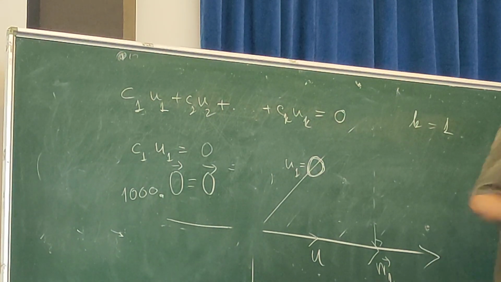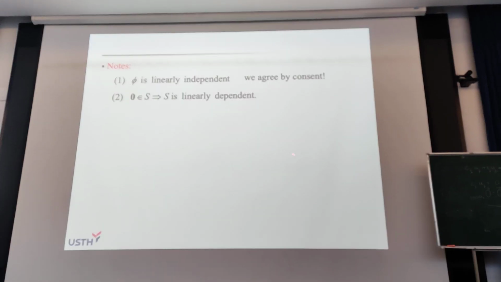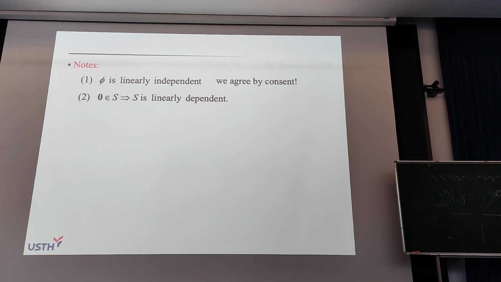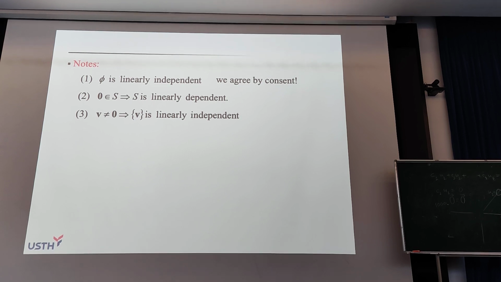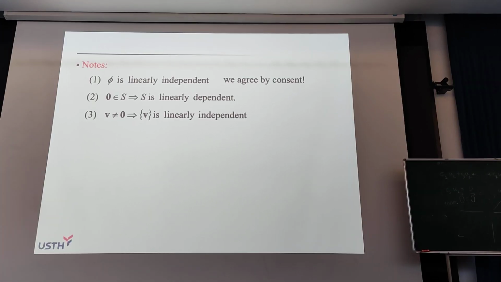That is the property of the 0 vector. So that is why the 0 vector is always linearly dependent. And next one, if V is not 0, then that one is always linearly independent.